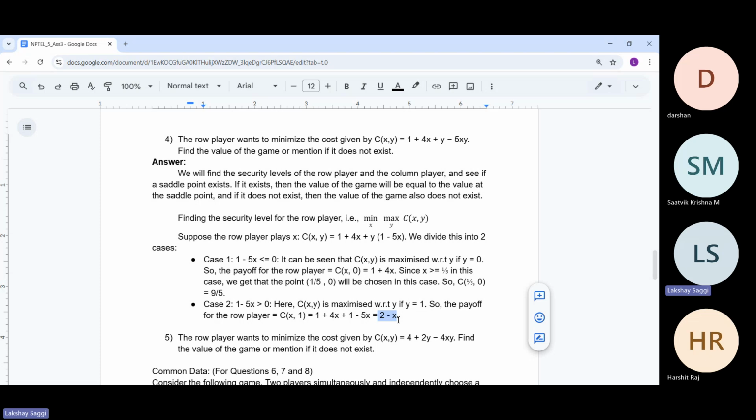Right? And now the row player wants to choose an x such that this quantity is minimized. So the row player will want to choose an x which is as large as possible, so that this quantity becomes as small as possible. But what's the largest that the row player can go to? It is essentially 1 by 5, because 1 is greater than 5x, so x is less than 1 by 5.